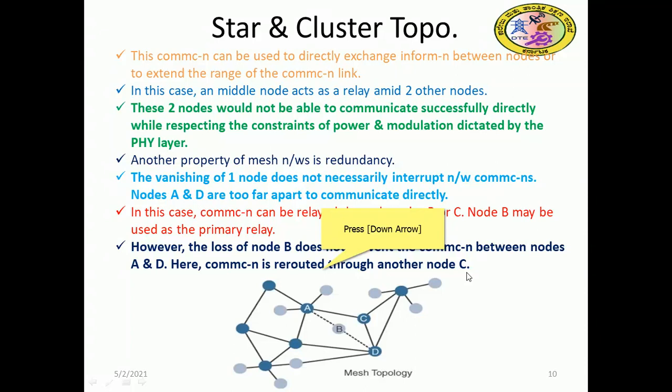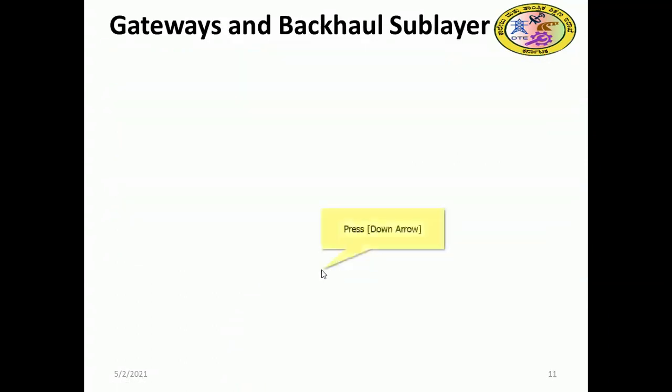You can establish communication via the RFD and also the FFD, since the FFDs can act as a coordinator, so they can speak. But if the RFD goes down for some reason, communication can be established via C. That is the concept of star and cluster topology combined with the mesh topology.